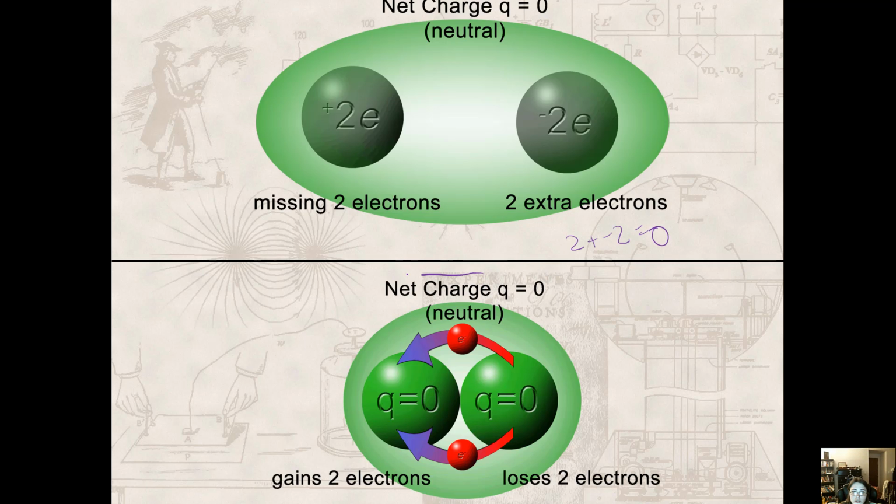So the net charge, Q, is equal to 0, or neutral. So that means that this one gives up 2 electrons, and this here gains 2 electrons, and this one loses 2 electrons, but it's a net neutral charge, and this only happens when they touch.